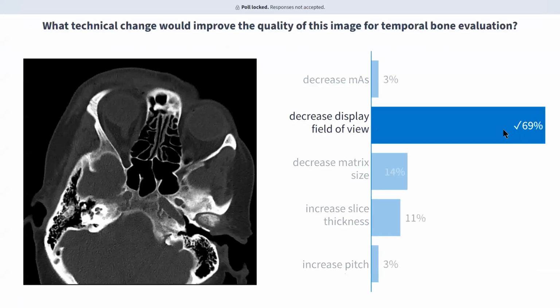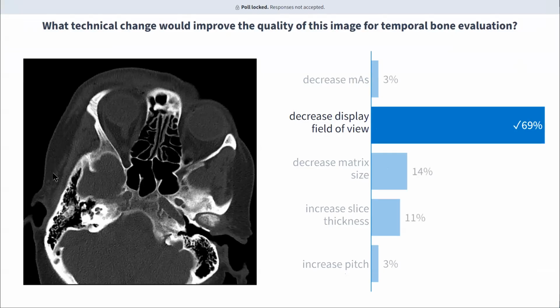That is the correct answer because that allows you to reconstruct your images such that the pixels are smaller within your matrix. So say you have a 512 by 512 matrix, and this is being represented by this whole image here.